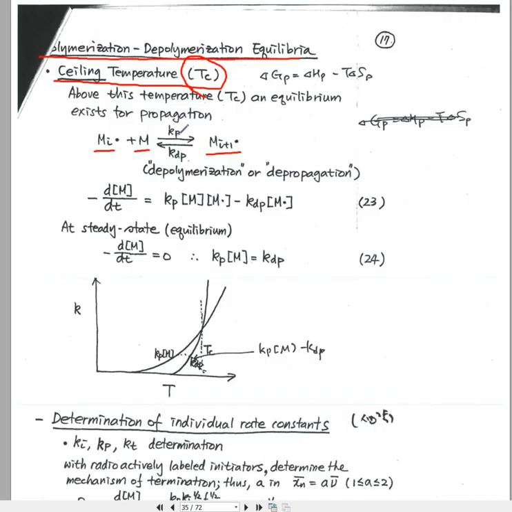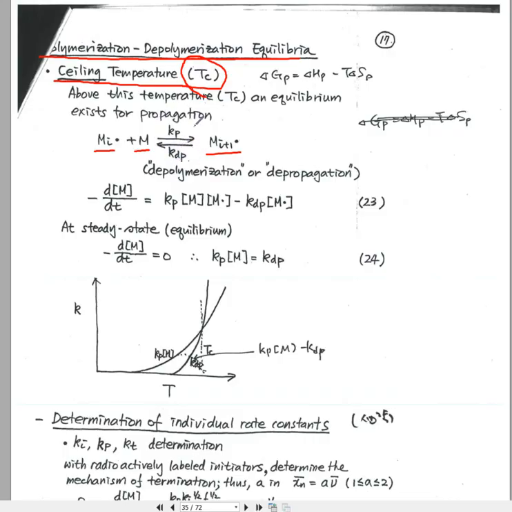So if you denote the rate constant of the forward reaction as Kp, and the rate constant of the reverse reaction or the depolymerization reaction as Kdp, then we should consider both forward and reverse reactions.